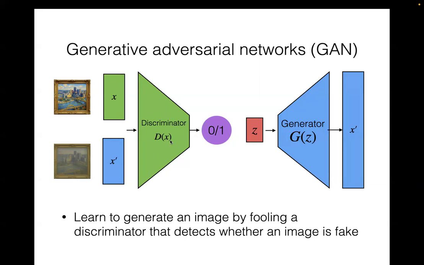The discriminator's task is to detect whether this input is real or fake. Then the generator's task is to learn to generate images that the discriminator thinks are real.